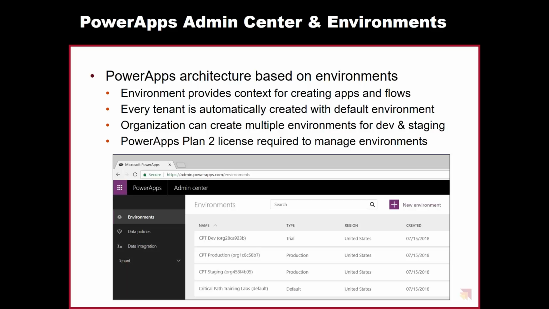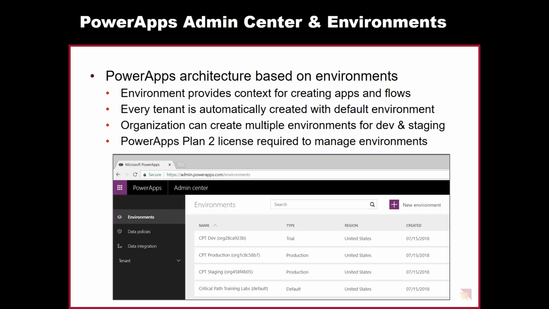As we start getting more involved with custom connectors, one of the things you might need to do is, instead of just having a Power Apps license that you get through Office 365 or through working with Dynamics 365, there's also PowerApps Plans 1 and 2.